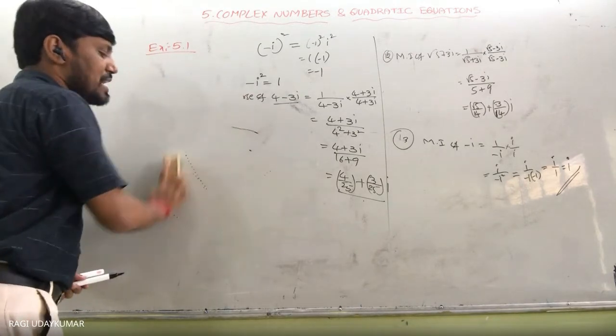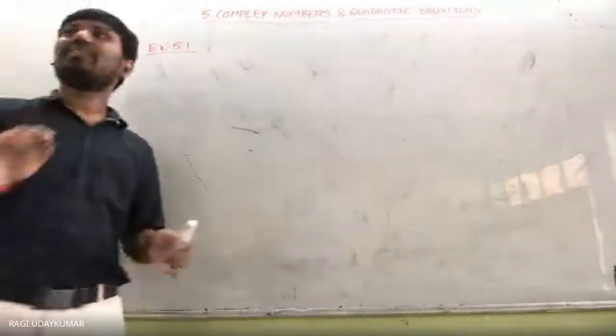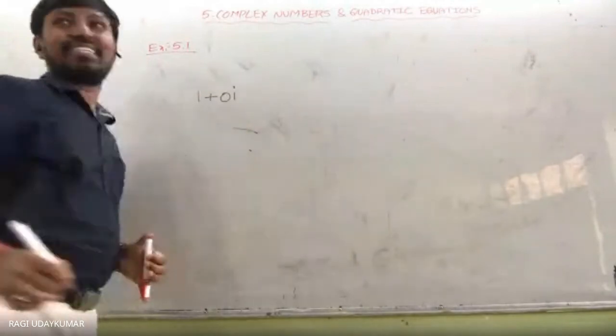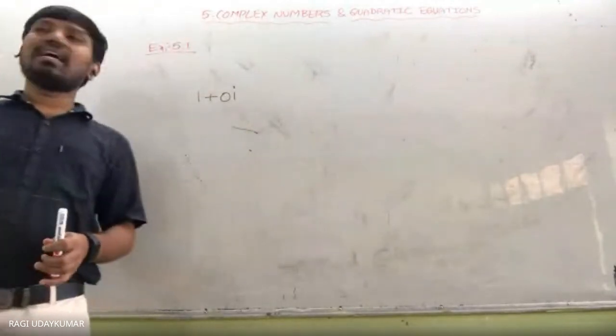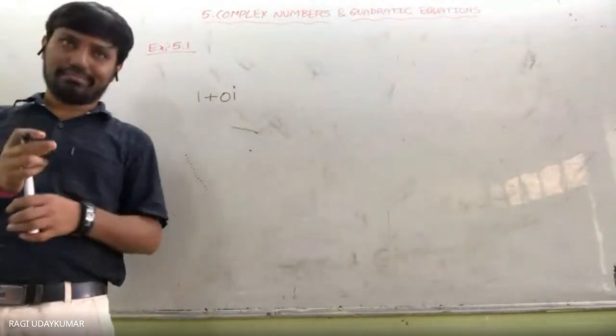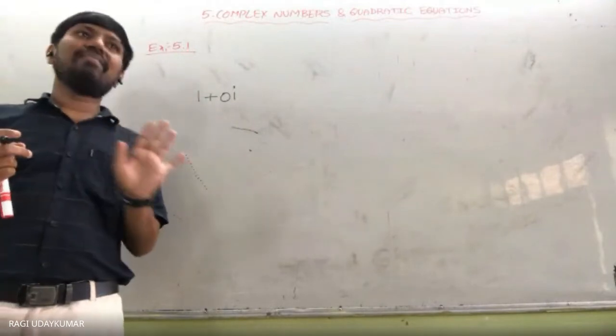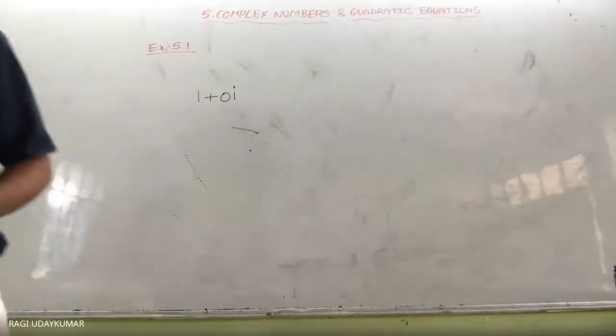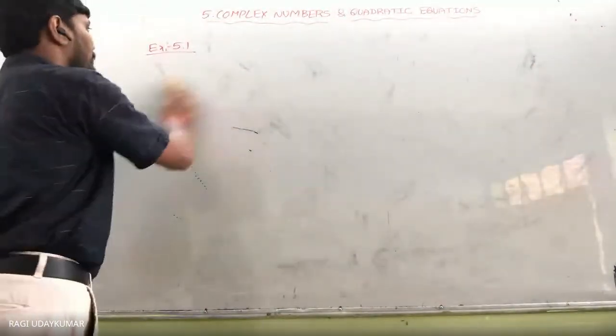In numbers the multiplicative identity is 1. In complex numbers also the multiplicative identity is 1 only, but we can write it as 1 plus 0i, where 0 is the imaginary part. 1 is not simply 1, it is 1 plus 0i. Okay. Now let us move to the 14th question.